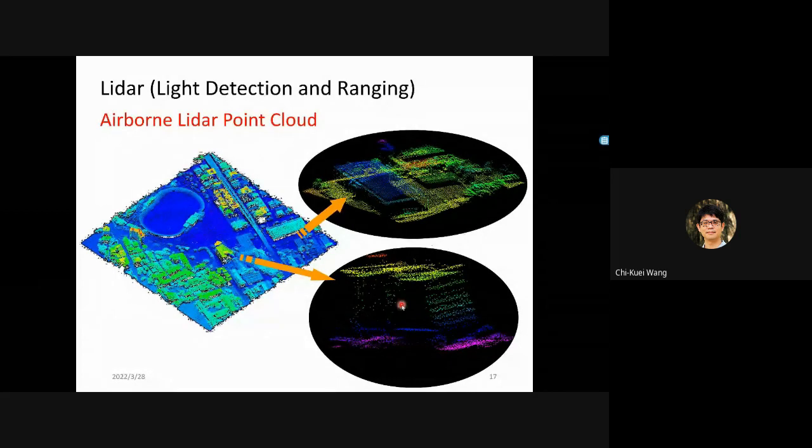You may be wondering, why do I want this kind of data? Well, it depends on why you want to scan the whole area. A lot of the time, we just want to know the elevation of the whole area, and we don't want to know the elevation on the side. For example, we only want to know how tall the buildings in a city are.